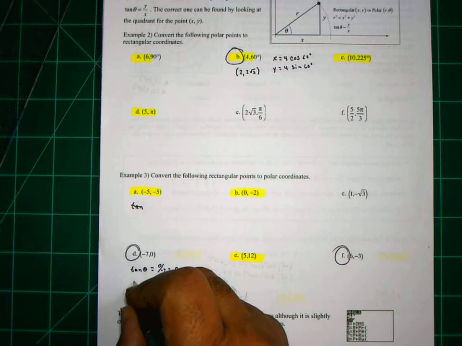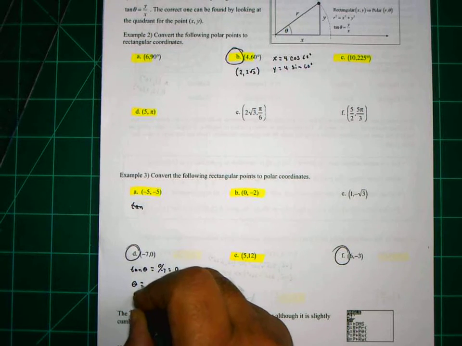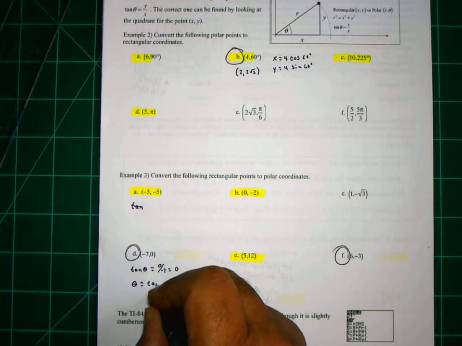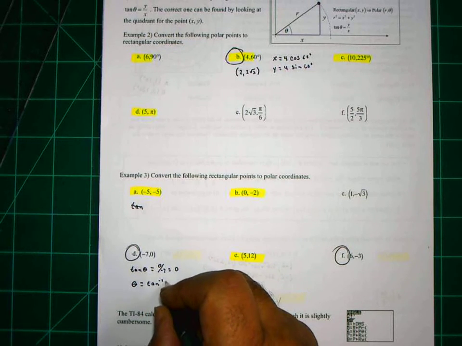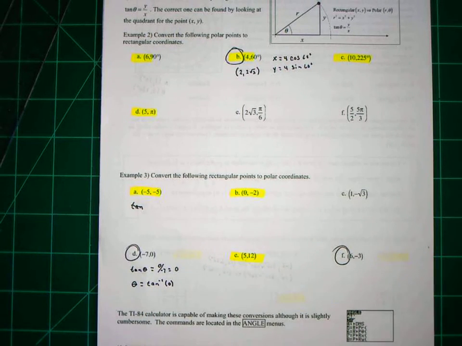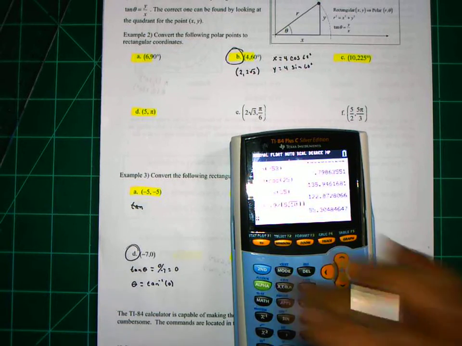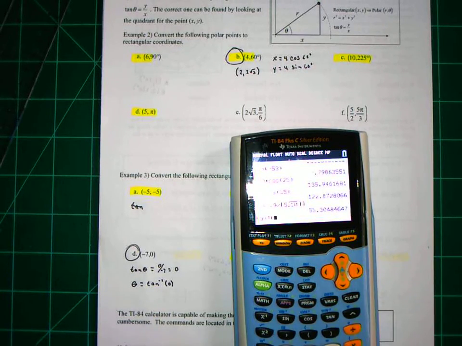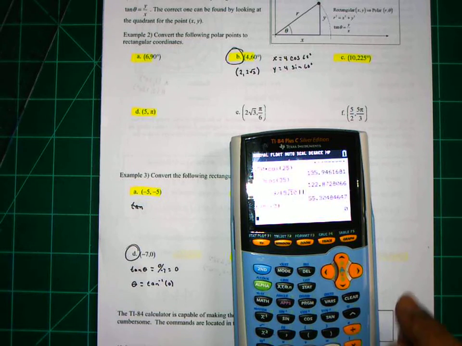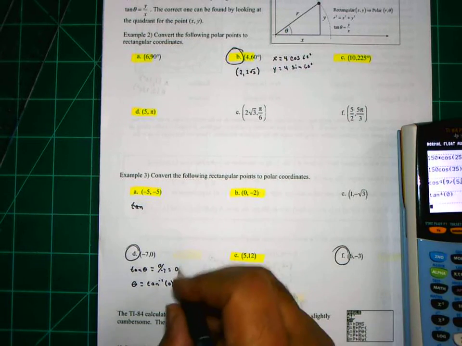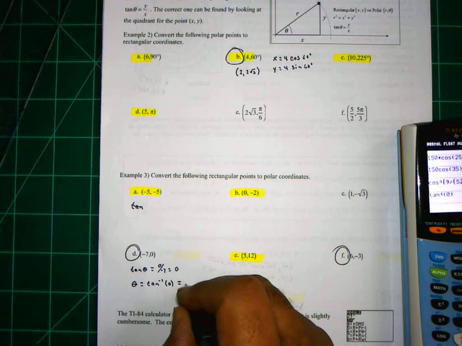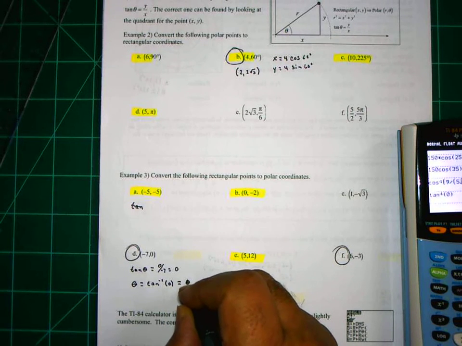So theta is the inverse tangent of 0. And I'll stay in degrees for this. Second inverse tangent of 0 gives me the angle 0.